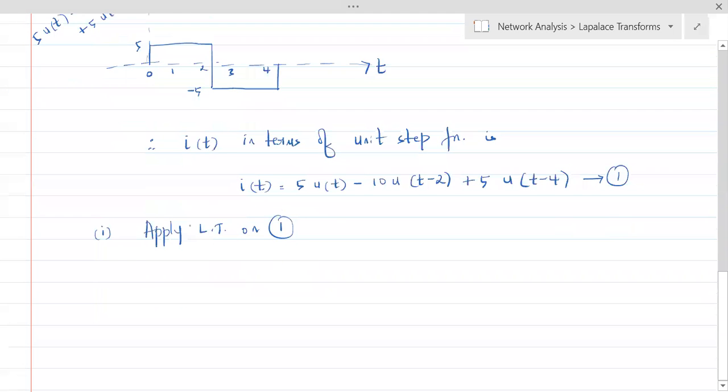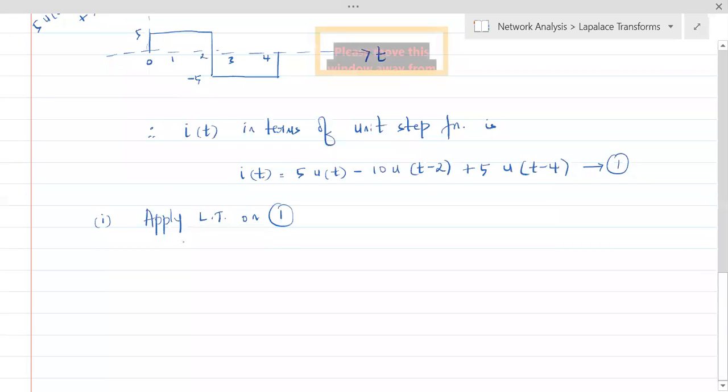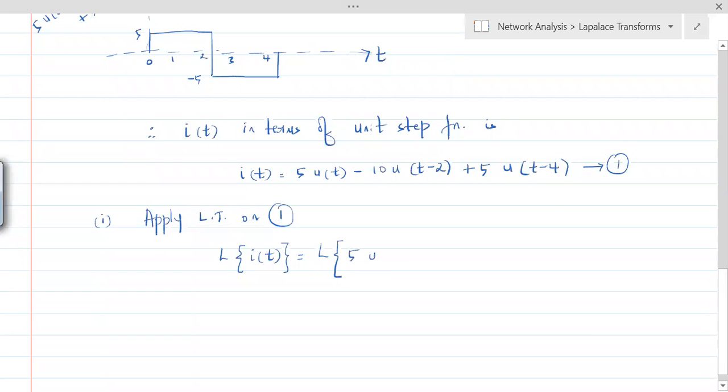How is that going to look like? Everybody see this. Let's apply the Laplace transform on 1 now. If you apply Laplace transform, it is applying Laplace transform on I of t, and then on the whole of this: 5u of t minus 10 u of t minus 2 plus 5u of t minus 4.